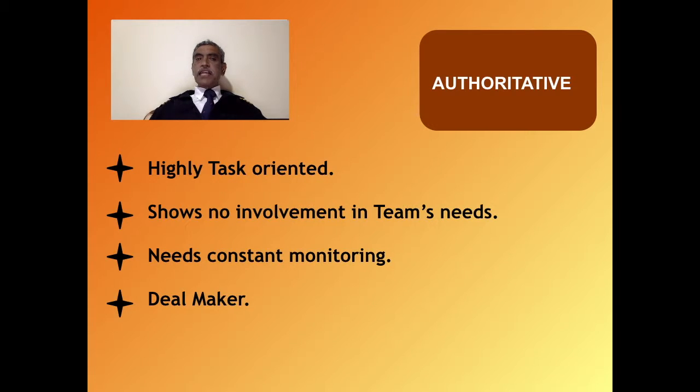And of course, he's a deal maker. He is all the time trying to make deals. If you do this, I will see that you are promoted. If you don't do this, I will see that you are sent to another department, or I will see that you get an adverse report. So he's a deal maker, and that's how authoritative leaders behave.